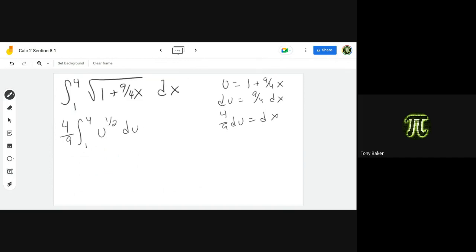Okay. Now we do our integration. So it's the integral of u to the 1/2. And then we have two-thirds u to the 3/2.